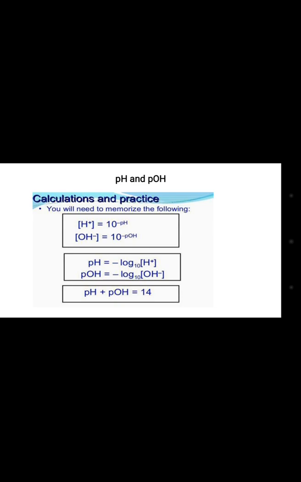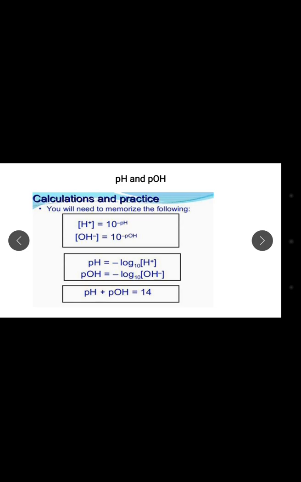Now, this one, I want you to take note of these first two, which say pH is equal to negative of the logarithm of hydrogen ion concentration. Then pOH is negative logarithm of hydroxide ion concentration.